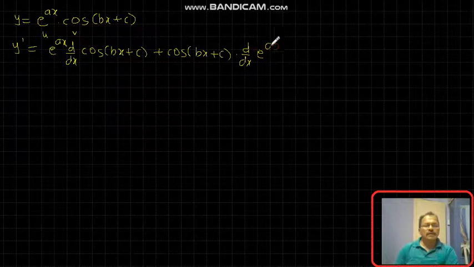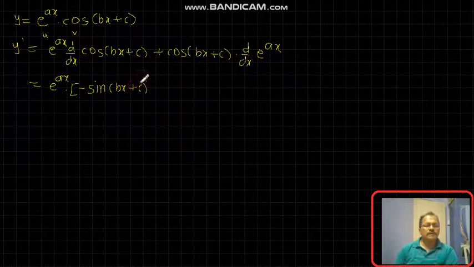This is equal to e^(ax) into cos bracket, the derivative is −sin bracket, −sin(bx + c) into the derivative of (bx + c).